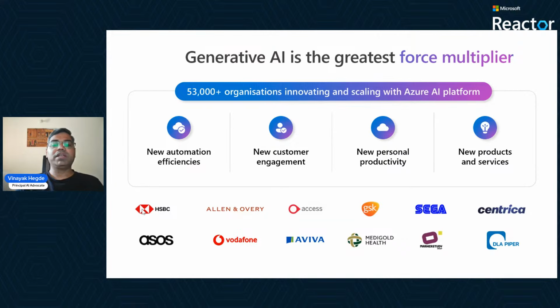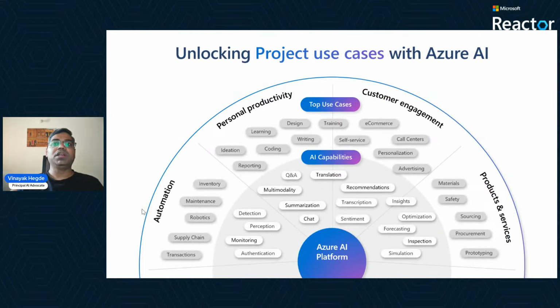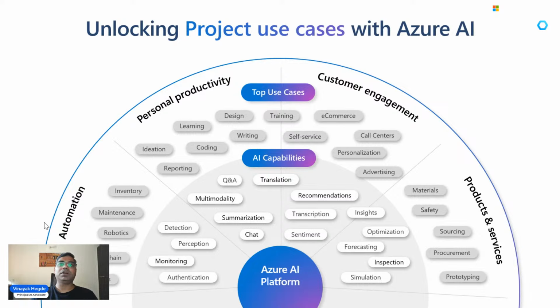So let us quickly blow this up and make it more tangible. If you see on the screen, there are different kinds of categories: automation, personal productivity, customer engagement, products and services, and then you look at some of the capabilities that are there for each of these services.